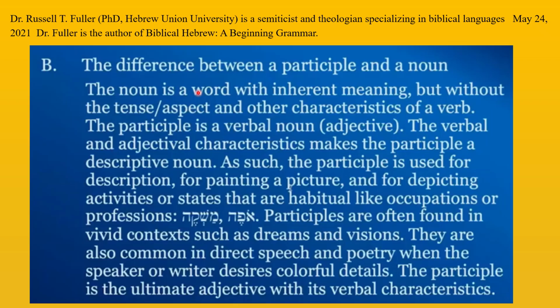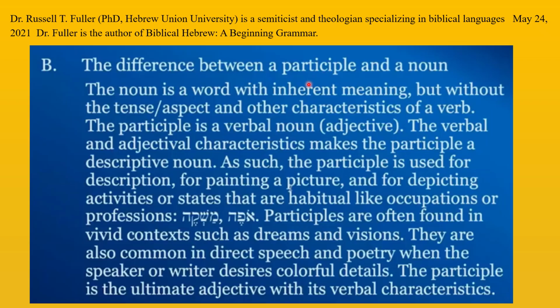So here's the basic information from that video, and I just found it so enlightening, especially as much as I love Hebrew and as much as I know you love Hebrew. This is going to give you another idea of why Hebrew is so special. So one of the things he talks about is the difference between a participle and a noun. In English and in many other languages, a participle is more considered a noun than a verb. Okay?